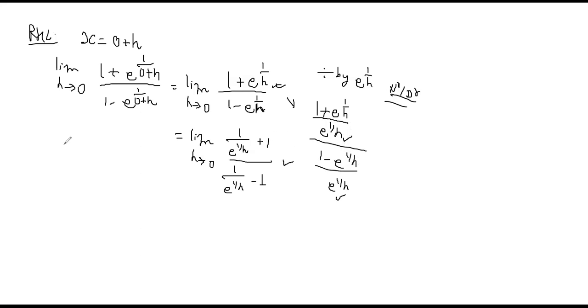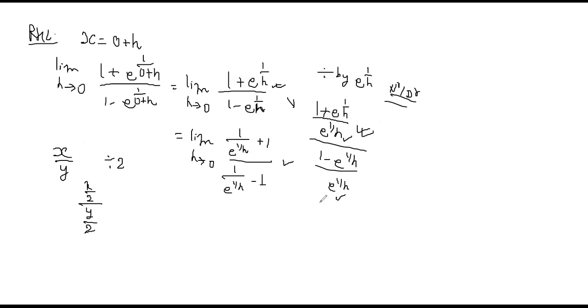It's not an LCM, just a division. If you take another example, x by y, and you want to divide by 2 in numerator and denominator, you can take x by 2 divided by y by 2. Then the question will be unchanged. So I divided the numerator and denominator by e raised to power 1 by h. Got it?